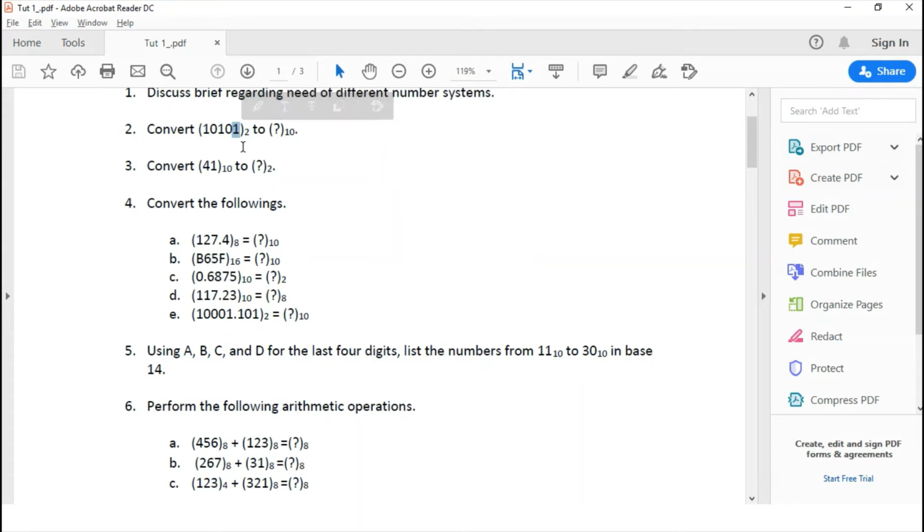So we usually start with 2 to the power 0, then 2 to the power 1 for the next digit, then 2 to the power 2 for the third digit, and so on. And after that we simply add those products.